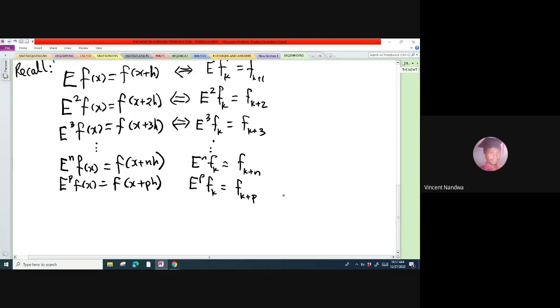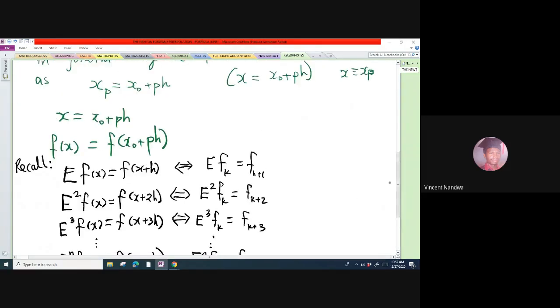So now we want to use this relationship between the shift operators to redefine this expression here. This expression here, call it equation 1.